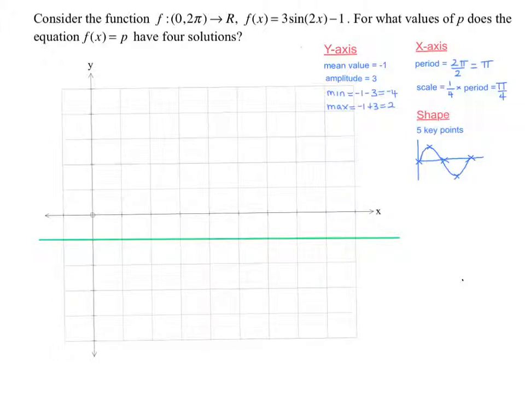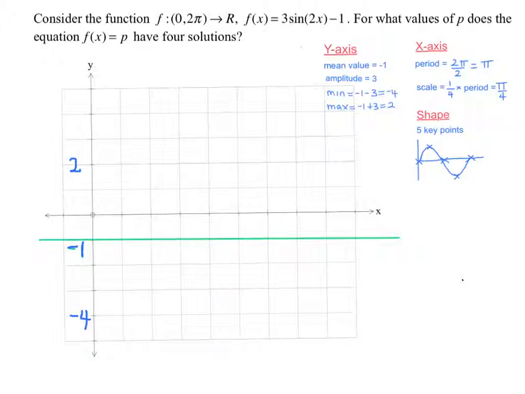Then we'll identify the maximum, which went up to a value of 2, and the minimum, which went down to a value of -4. So that's -4 right there. So we fixed up the y-axis. Now we'll move on to the x-axis.